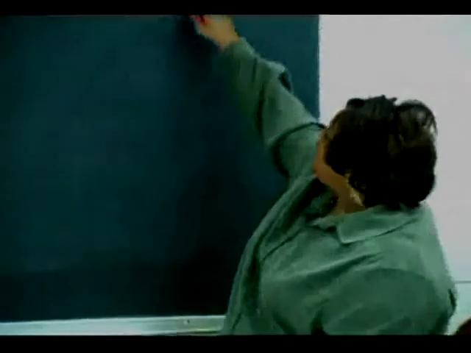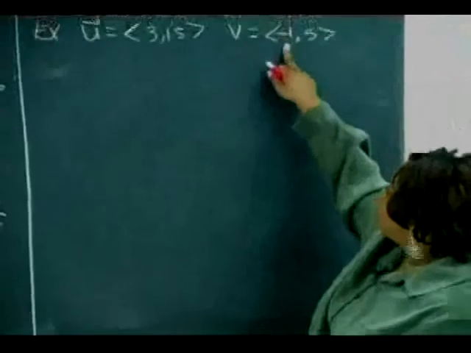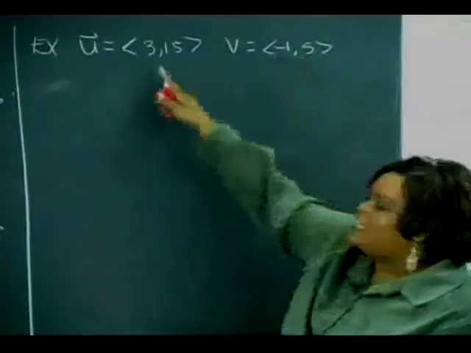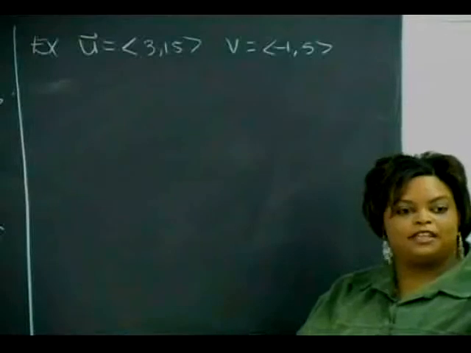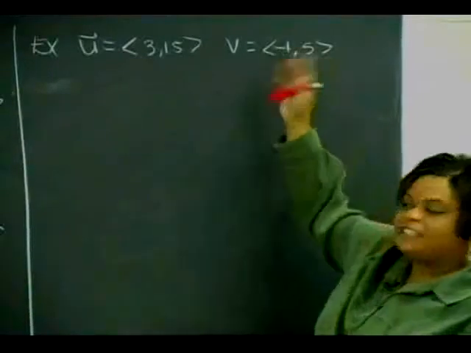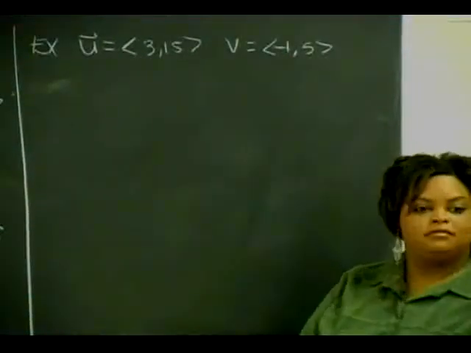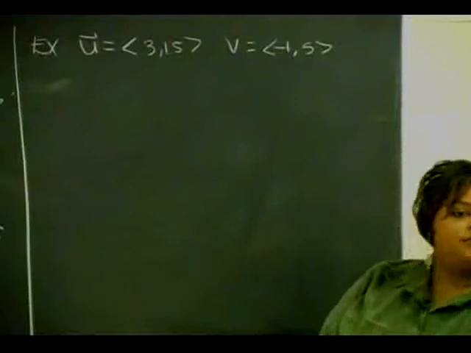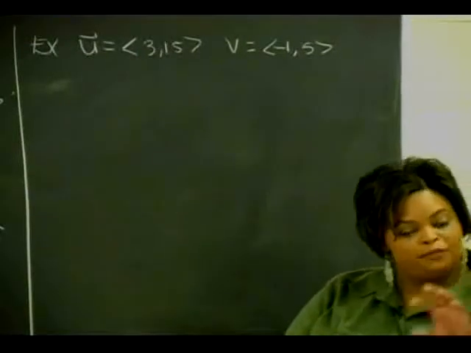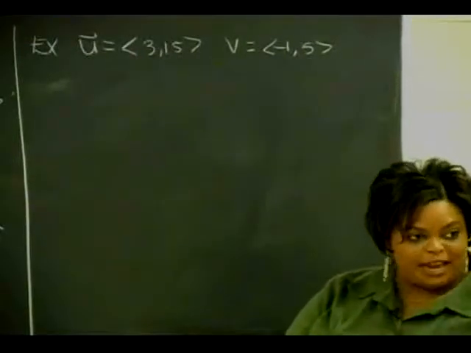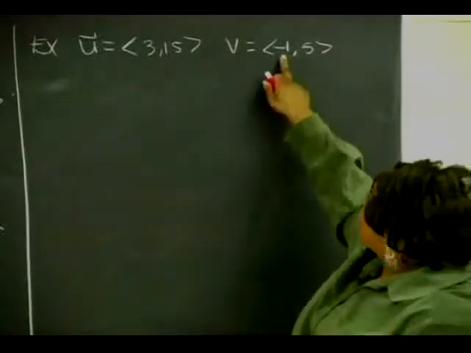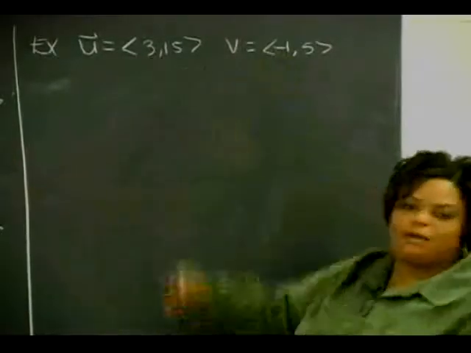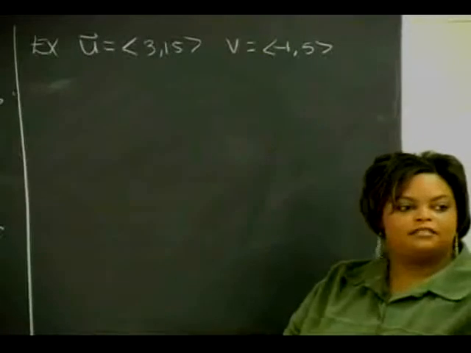If I multiply this vector by 3, I have -3, 15. And it's not exactly U, is it? So one is not a constant multiple of the other. If this had been positive, then they would have been parallel. If you can multiply one vector by a number and get the other vector back, they're parallel. But it's not parallel because I can multiply by 3 here, but I have -3, 15. So it's not parallel.